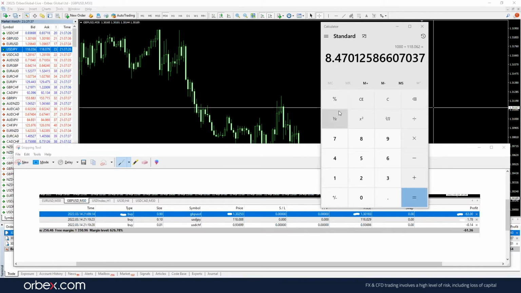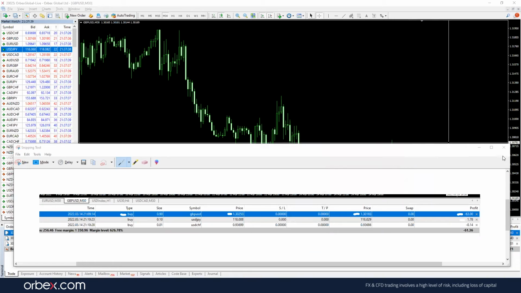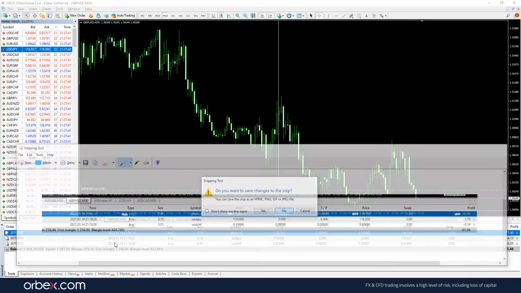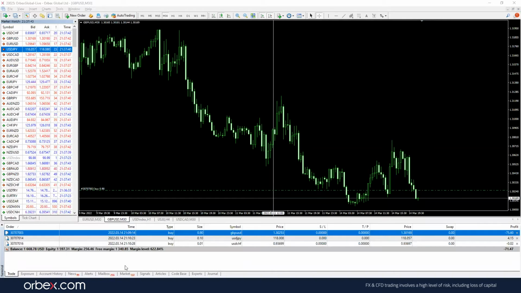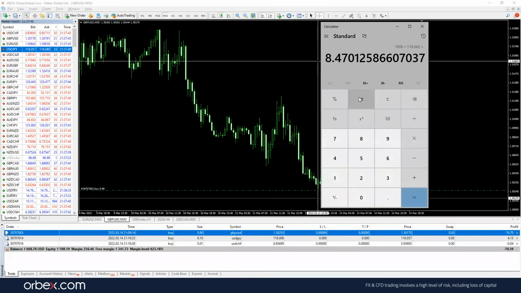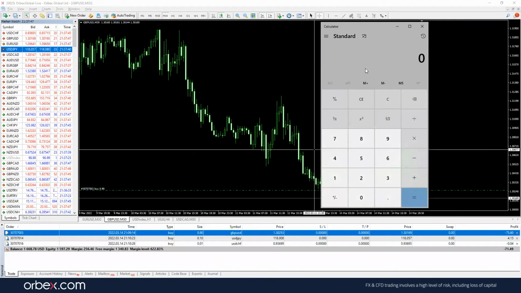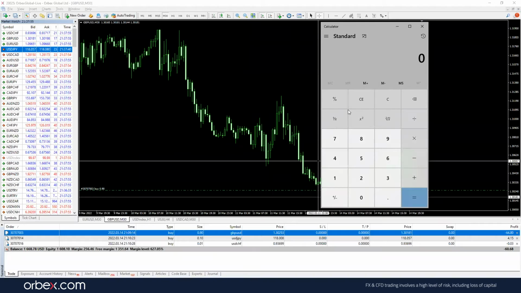So 25 lots is a good example. However, because of my current balance, current equity of the account, I won't actually be able to open a trade. But if we go on to 25 lots, so for a pound dollar trade, 1.3022, and we multiply that by 2.5 million, which is 25 lots notional value, divide by 500.